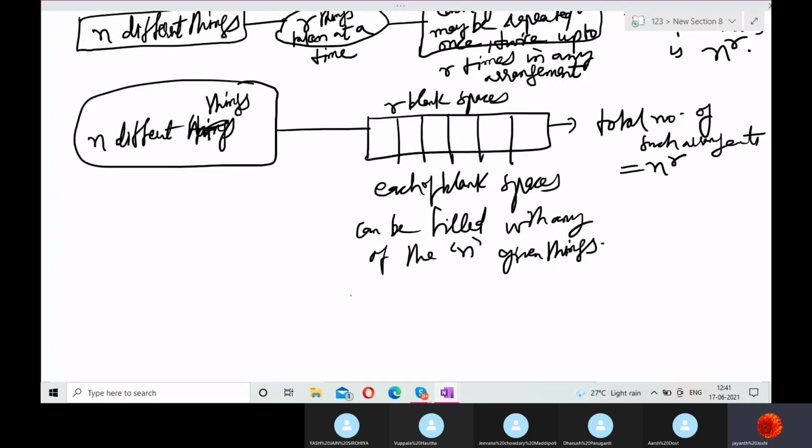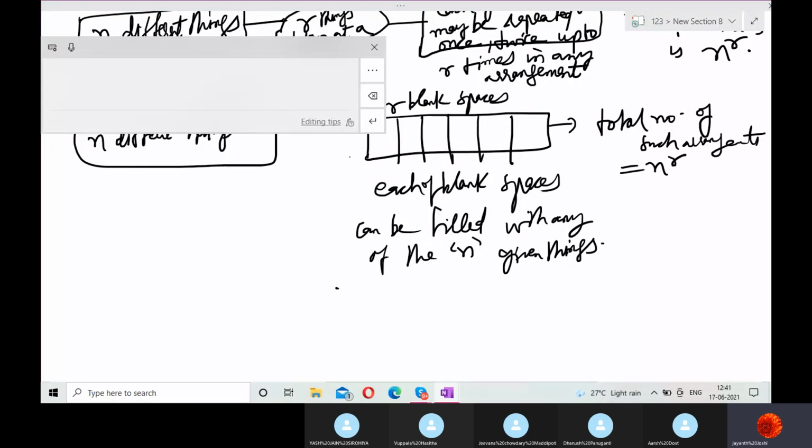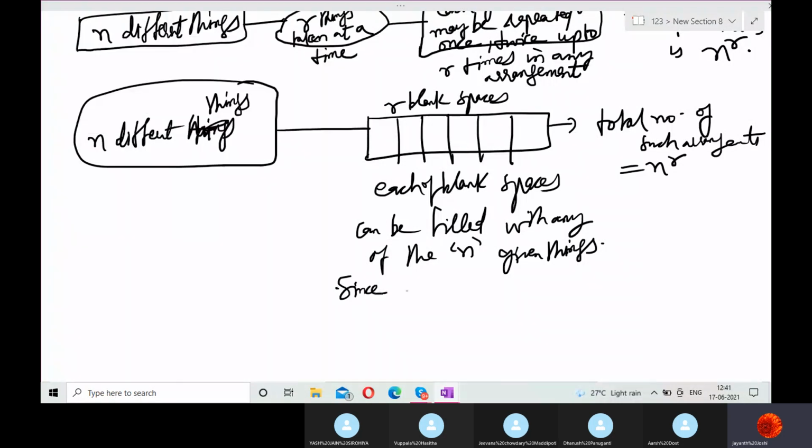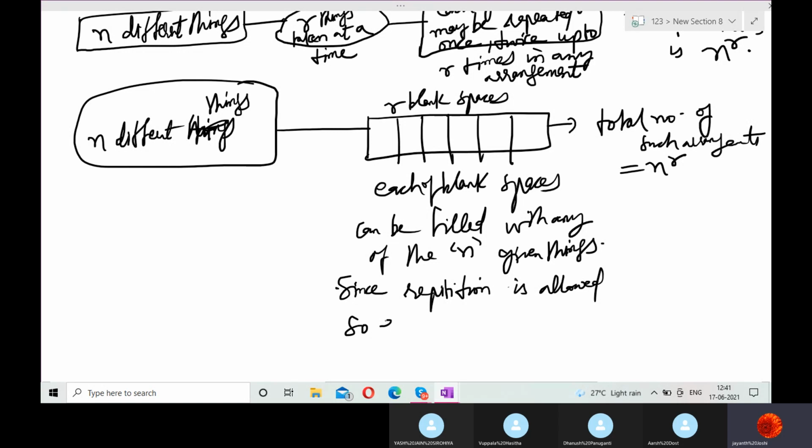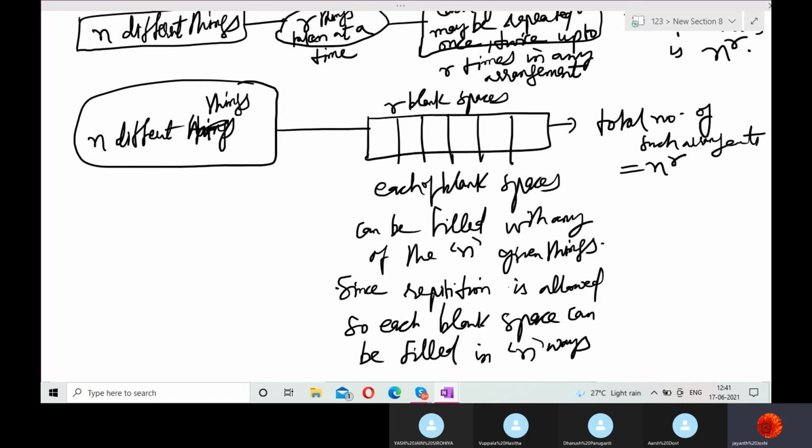Since repetition is allowed, each blank space can be filled in n ways.